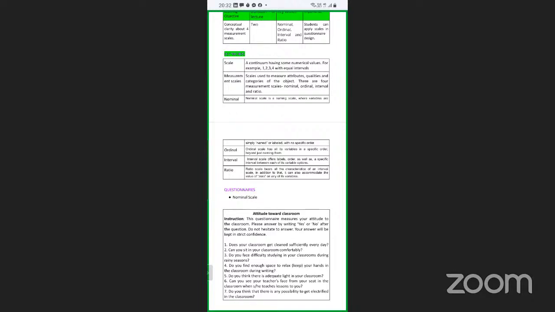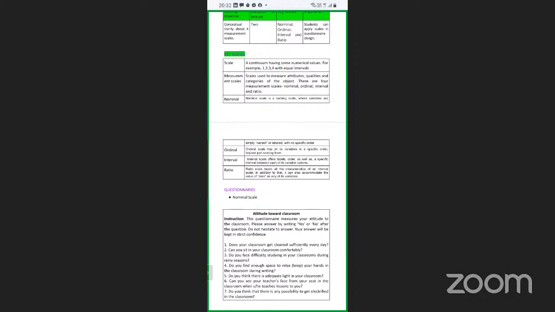This is called the quasi-interval scale. So here, from 1 to 2, the scaling distance is similar from 2 to 3 or 3 to 4, 4 to 5, like that.